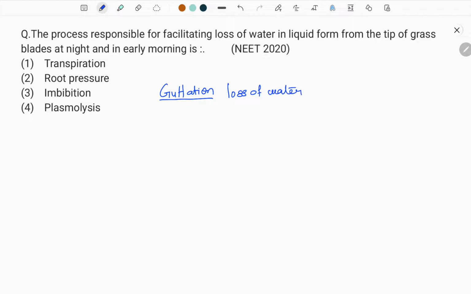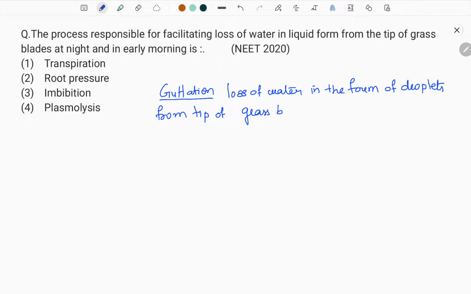in the form of droplets from the tip of leaves, tip of grass blades.